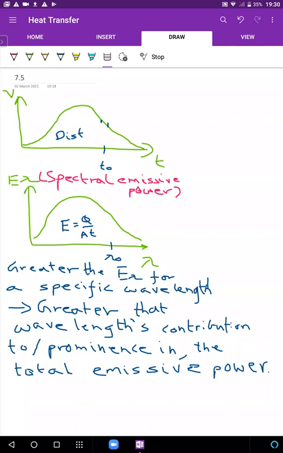Greater E lambda, greater the presence of that wavelength in the entire spectrum. That's the idea.